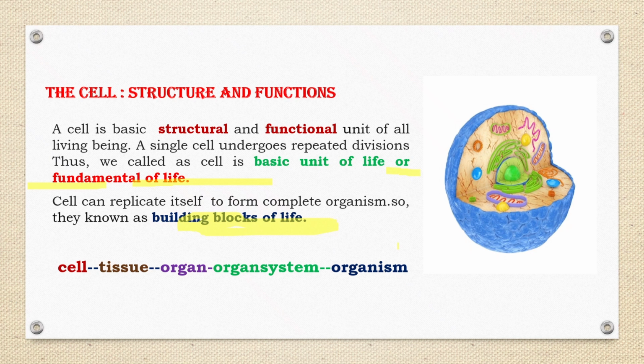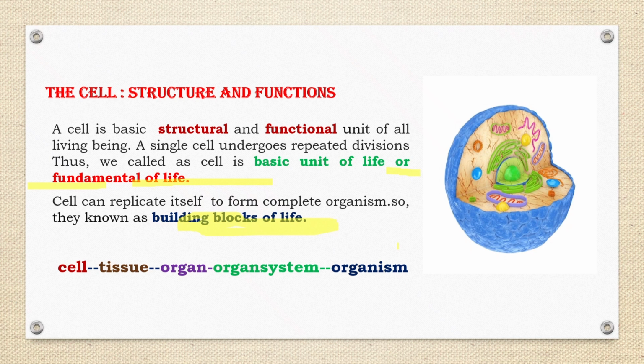Means all the work done by the organism like breathing, to grow, to reproduce and to remove waste from the body. Means whatever functions we need to keep our life going. That's why it is called the basic unit of life or fundamental unit of life.